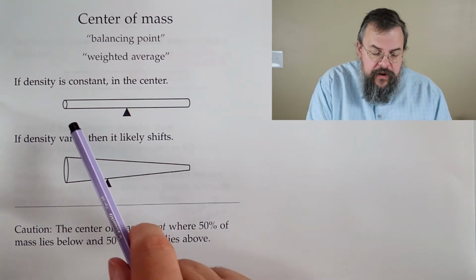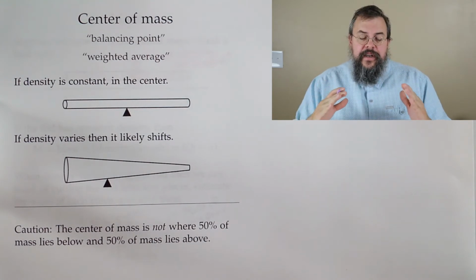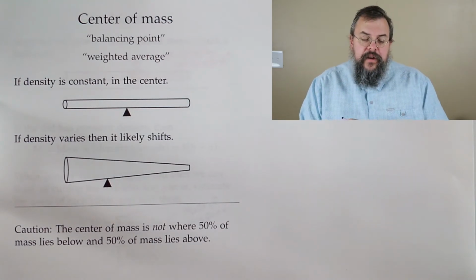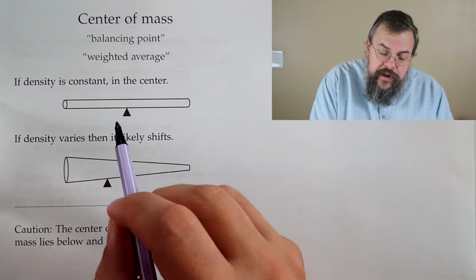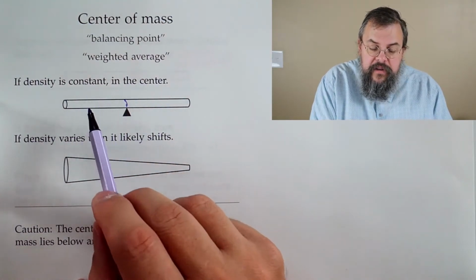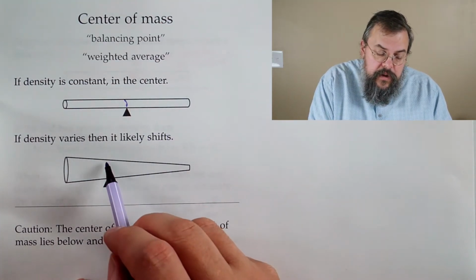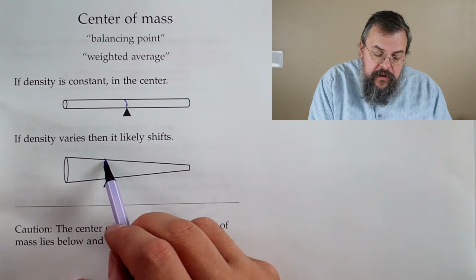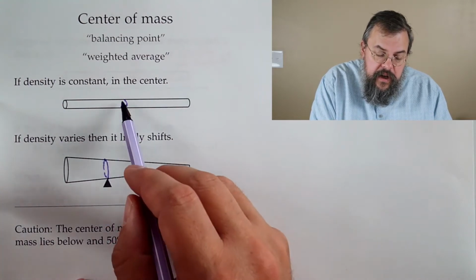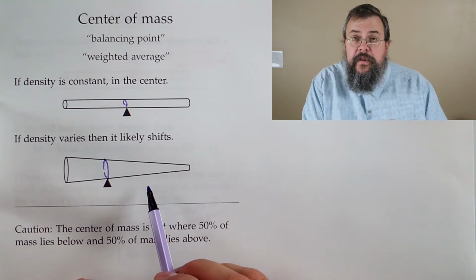When we talk about this example, where we say the density is constant, so that means the center of mass is right in the center. Well, it turns out that in this case, 50% of the mass is on either side. But that's not always going to be the case. So if you come over here, is it the case that 50% of the mass is there and 50% of the mass is there?